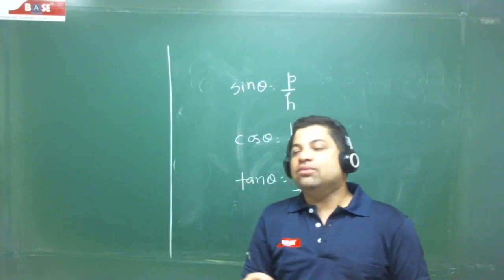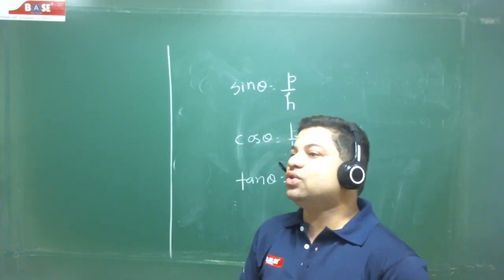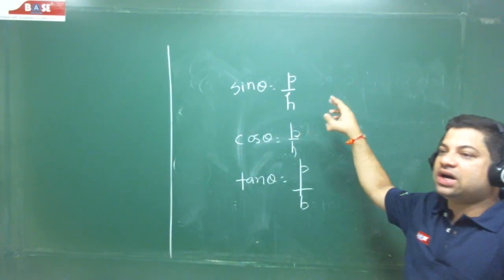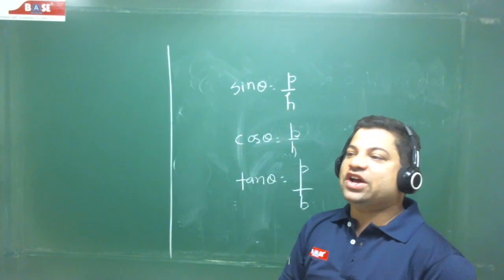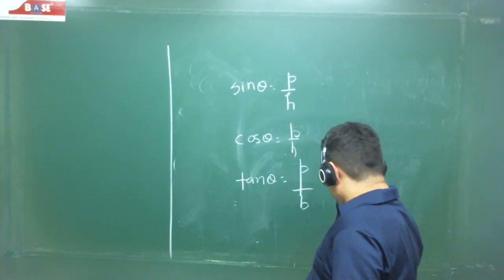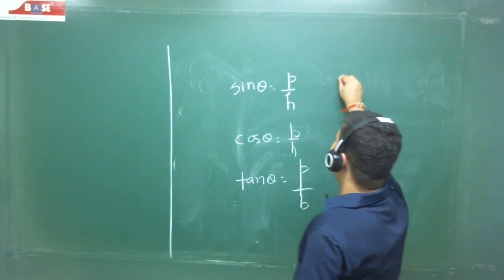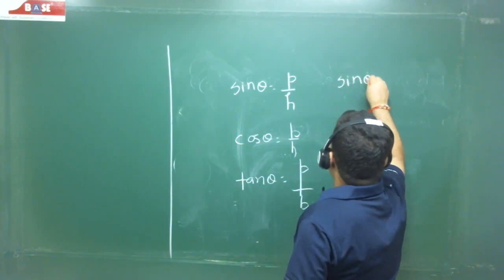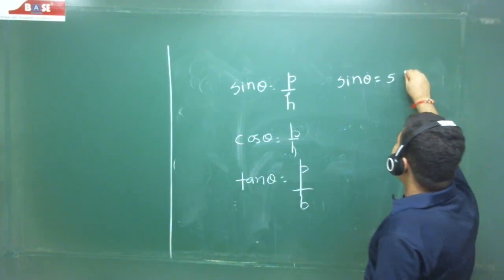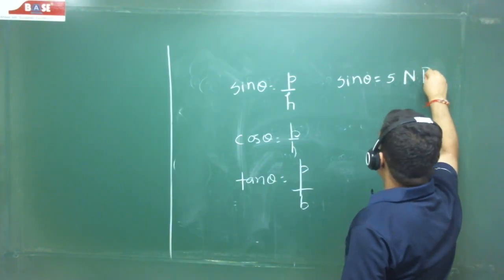So can we claim one thing? Maximum value of sin theta. If in hypothetical case these two are equal, then maximum value will be how much? 1, right? Otherwise less than 1. So suppose someone is asking you sin theta is equal to 5, possible or not? So we are going to say it is not possible.